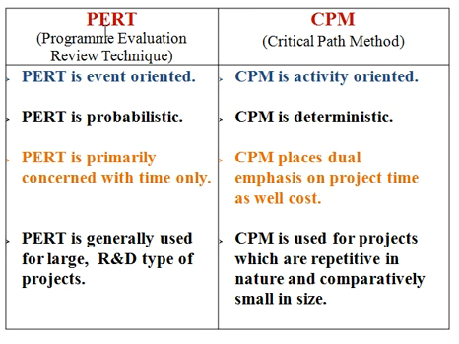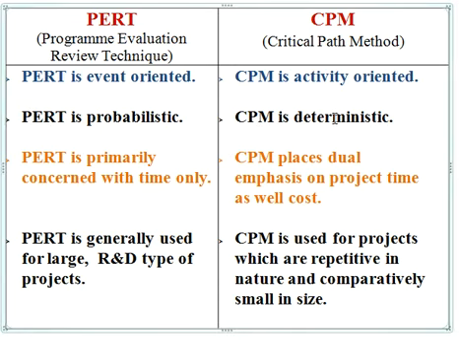The basic difference is that PERT is event oriented while CPM is activity oriented, and PERT is probabilistic in nature while CPM is deterministic. It means in CPM we have finalized data about the activity duration and the cost.